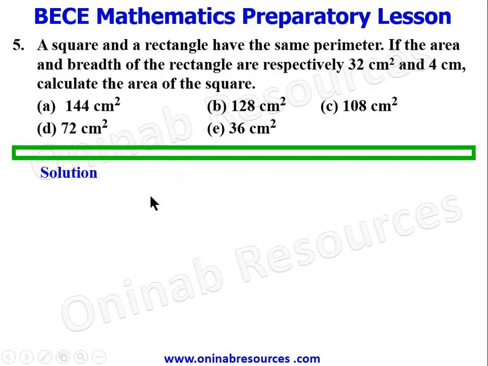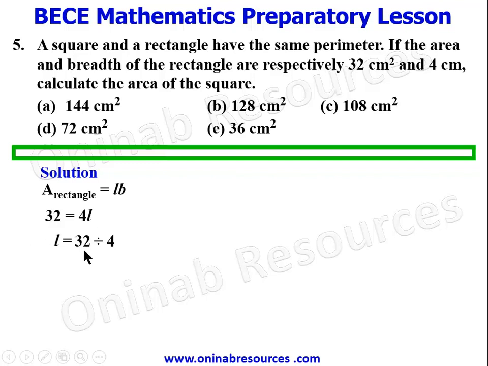Okay, so we go. Now we use the area of the rectangle and the breadth to calculate the length. So we know the area of a rectangle is length times breadth, and the area is 32. The length is not given, and the breadth is 4, so 32 is equal to 4L, and L is 32 divided by 4.